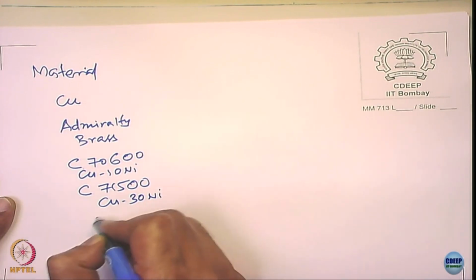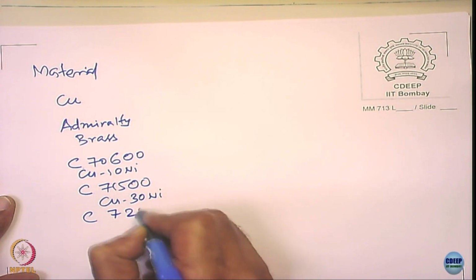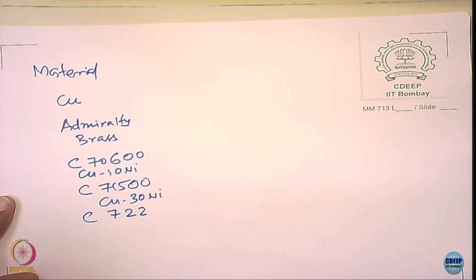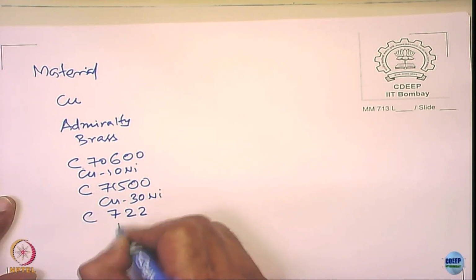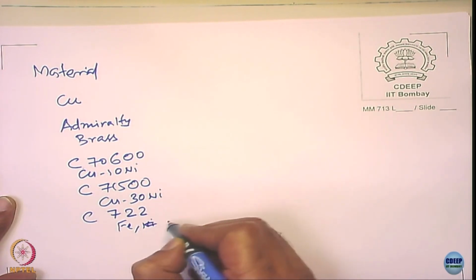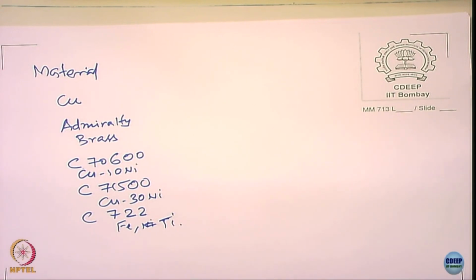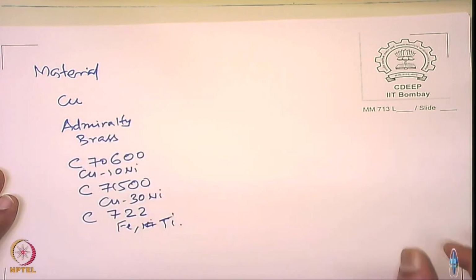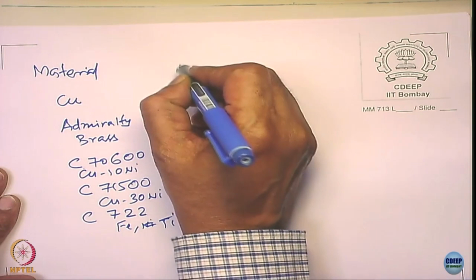We also have C722, and this consists of some alloying elements, like you may have some iron, maybe some, no, not nickel, iron, some titanium, and things like that. If you look at copper, in fact, it's very interesting.